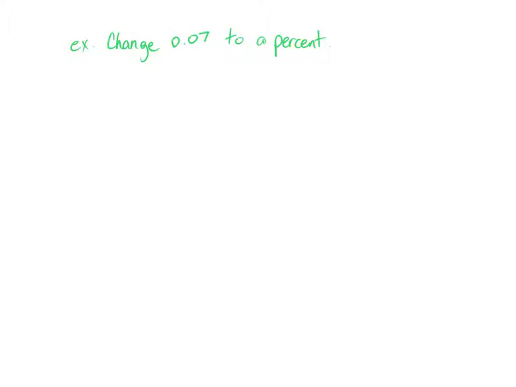So going the other way, now we have to multiply by 100 in order to change from a decimal to a percent. So let's write that down so we don't forget it. From a decimal to percent, we move the decimal point 2 places to the right, because we're going to be multiplying by 100.